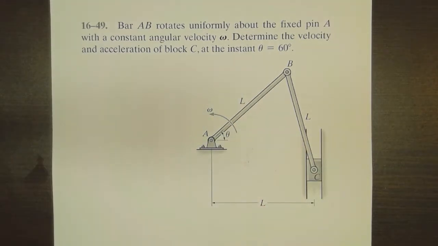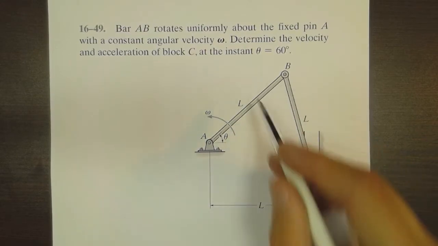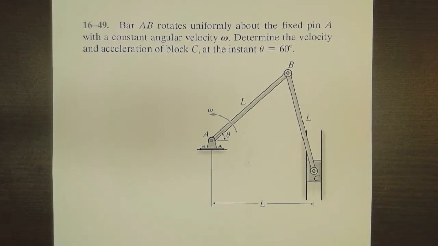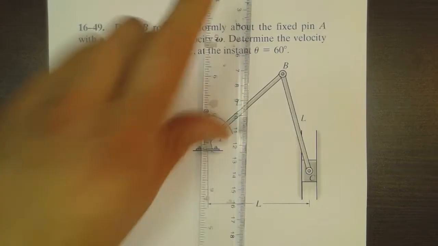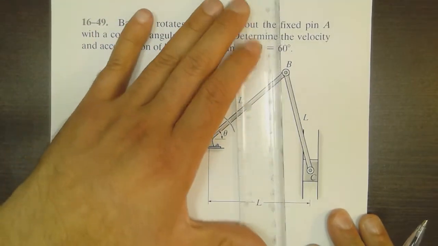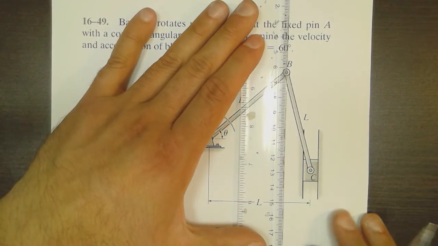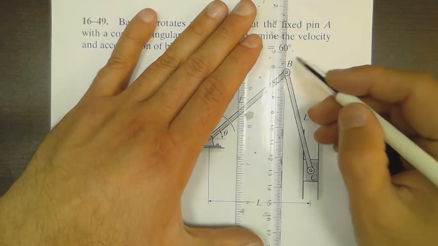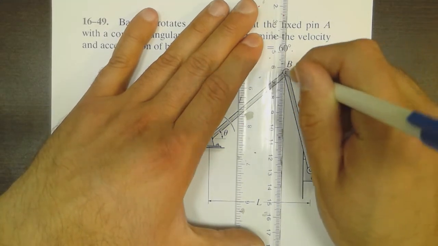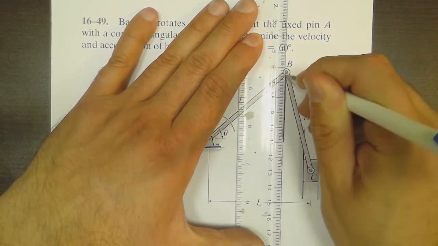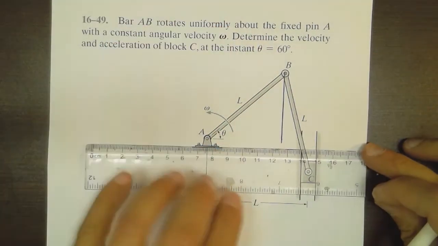To make things convenient and clear for ourselves, we can create 90 degree triangles from this system. First I'm going to draw this line in a way that I can make an intersection with this one.